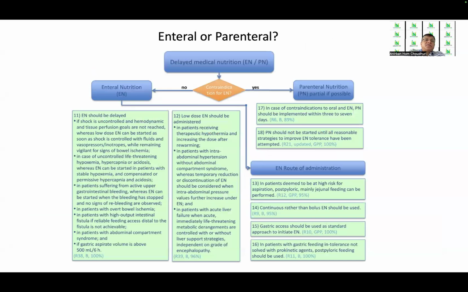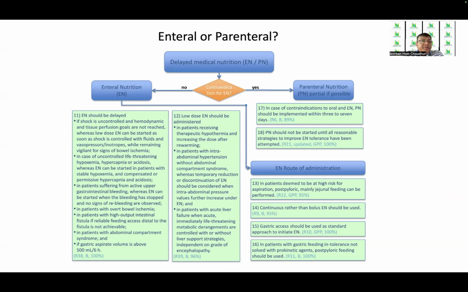The next question that arises is whether to start enteral or parenteral nutrition. The answer obviously goes without saying: if there is any scope to start enteral, that is always preferred over parenteral. But if there is delayed medical nutrition, either enteral or parenteral, we also have to look for any contraindications to enteral nutrition.